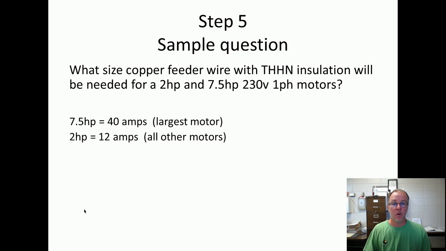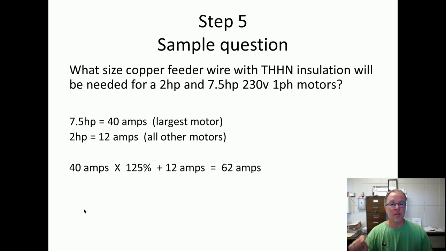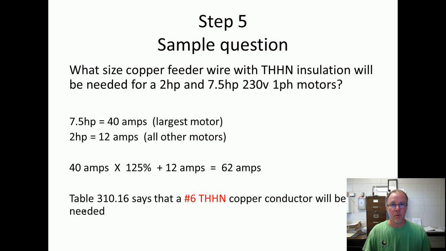So 40 amps times 1.25 plus 12 gives us 62 amps. 62 amps is not the answer because they're asking what size wire we need. So what size wire will handle 62 amps? Table 310.16 says a number 6 copper conductor will be needed. So number 6 is your answer.